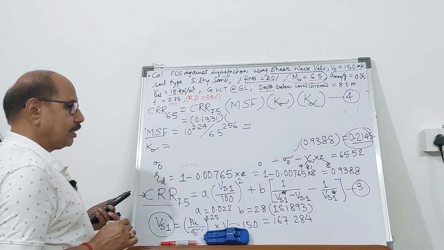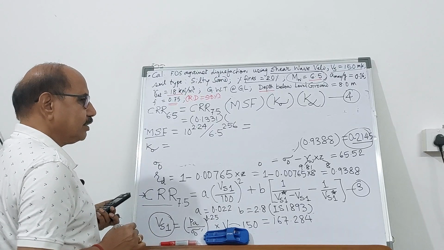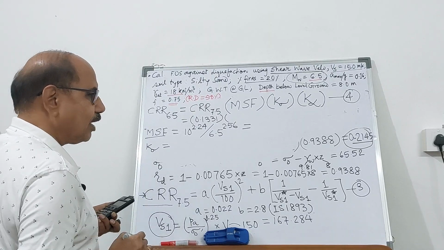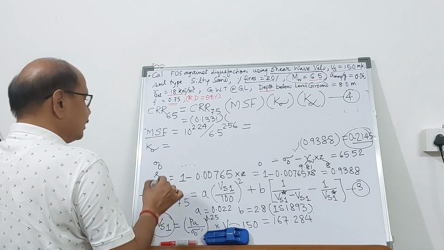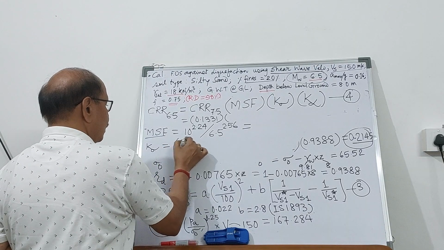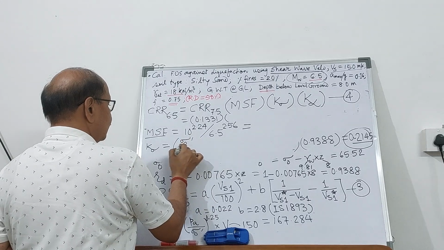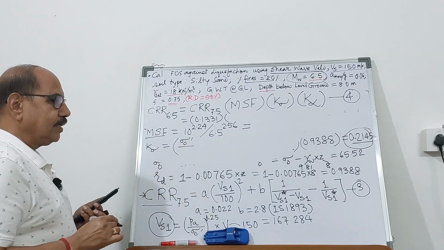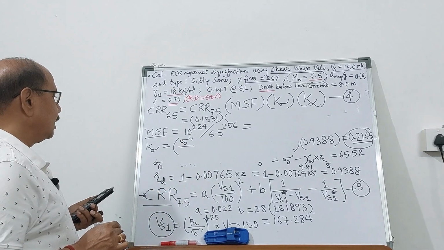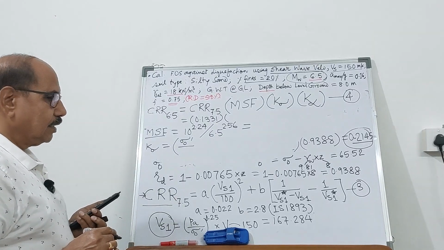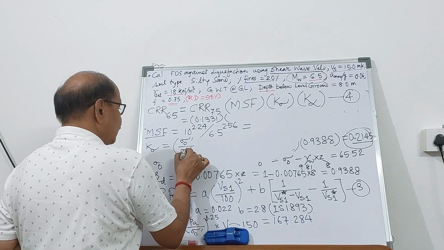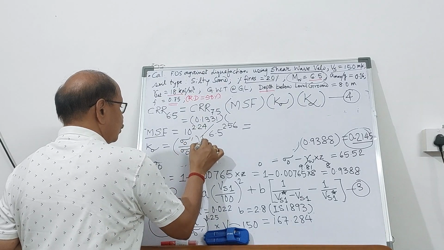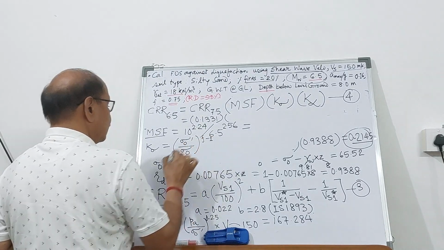K sigma can be calculated as effective overburden pressure divided by total overburden pressure raised to power f minus 1.